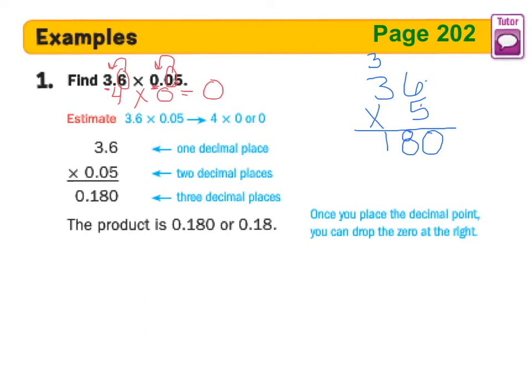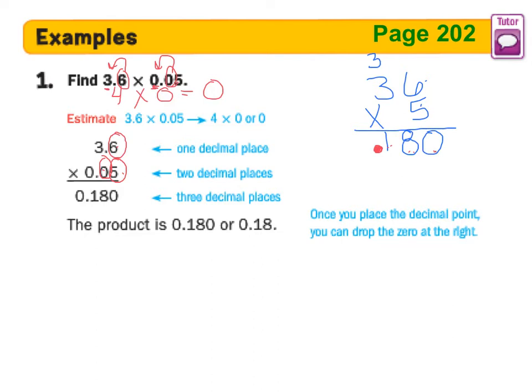But now I need to go back and figure out where that decimal point actually should be. So I'm going to go back and count. There's 1, 2, 3 digits behind my decimal. So then going back to my product over here, I have 0, 8, and 1. So the decimal has to be in front because I have to have the same number of decimal places in the original problem as in my answer.